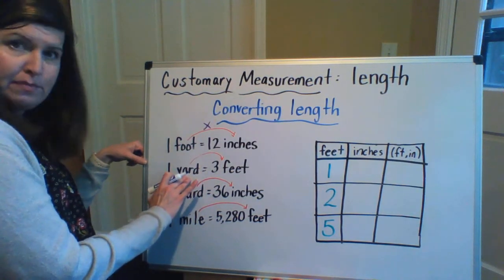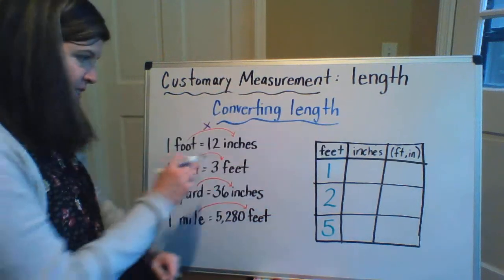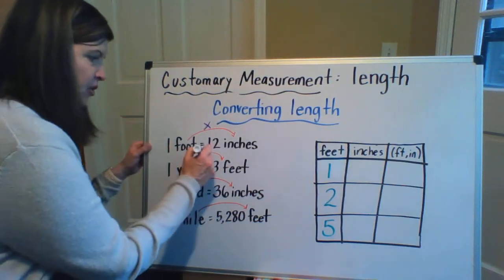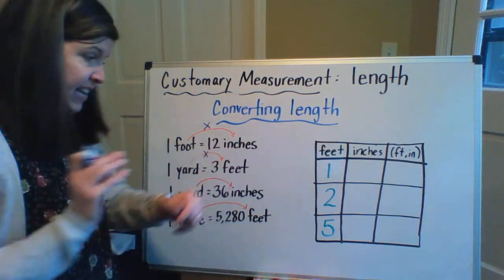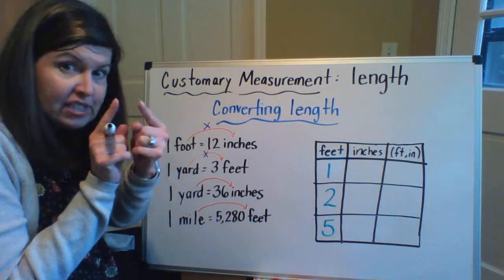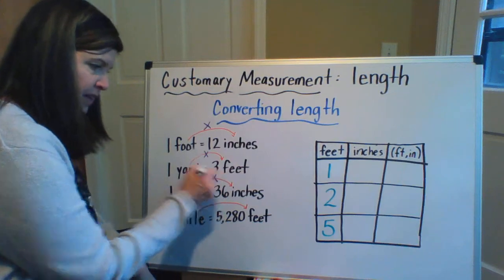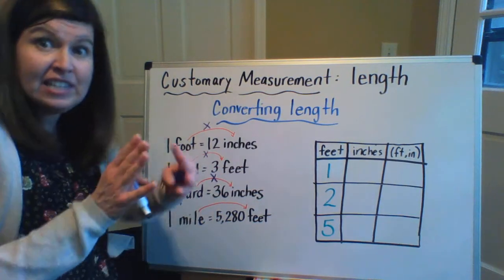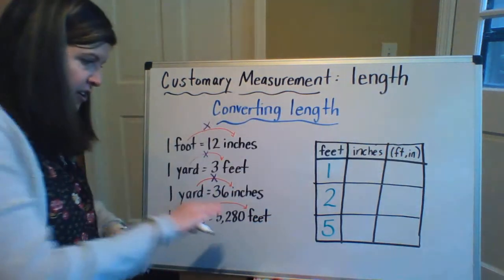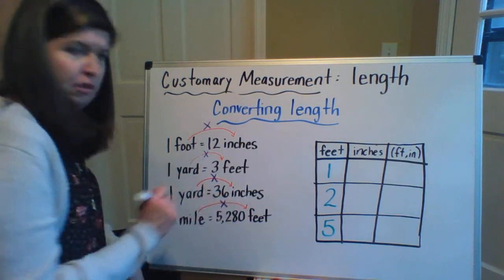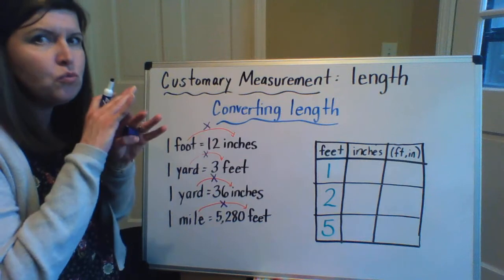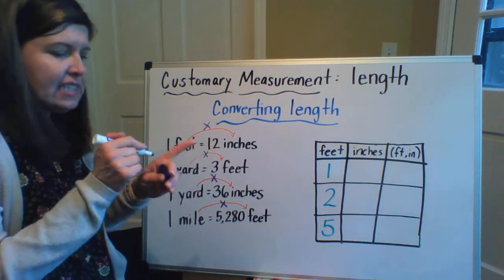A yard is bigger than a foot, so you're going to multiply. A yard is bigger than inches, so you're going to multiply. A mile is longer or bigger than a foot, so you are going to multiply. That's really all I want to focus on today.